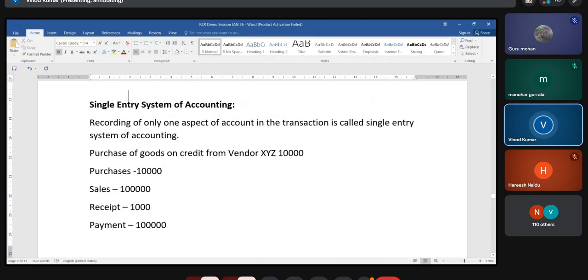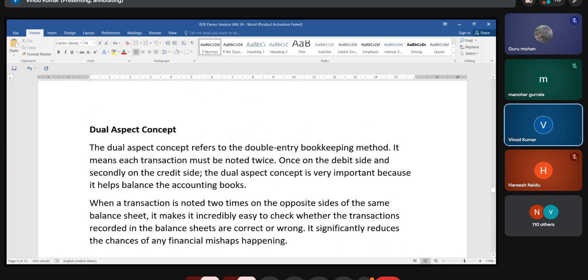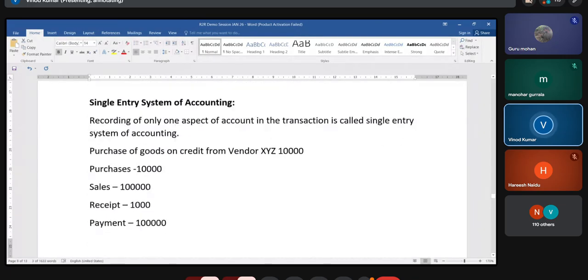To reduce this kind of confusion, the dual aspect accounting system was introduced, also called the dual entry, dual aspect accounting concept. Let's understand what this is.